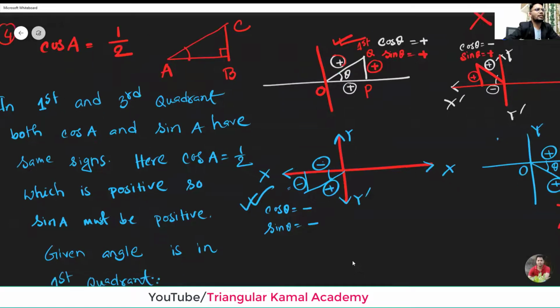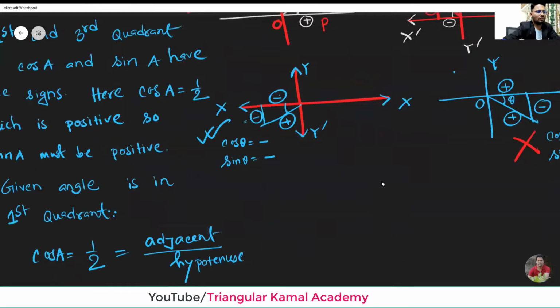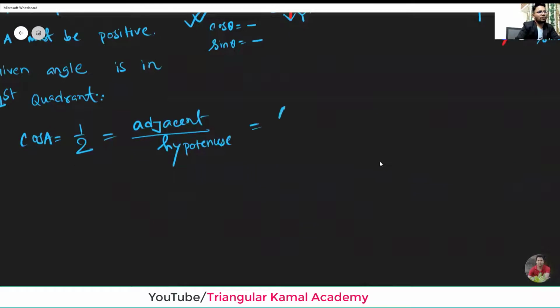So from the figure, adjacent is AB, which is 1, and hypotenuse is AC, which is 2. Comparing both, AB is equal to 1 and AC is equal to 2.